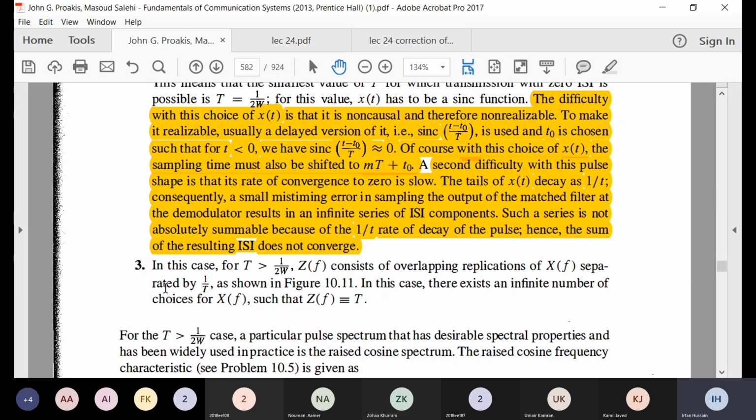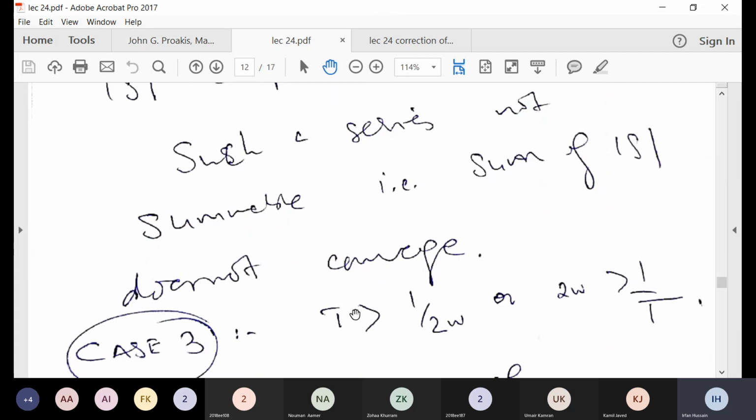Now the last case is when T is greater than 1 over 2W. In this case, if you write this in terms of 1 over T, this means that 2W is greater than 1 over T, right?